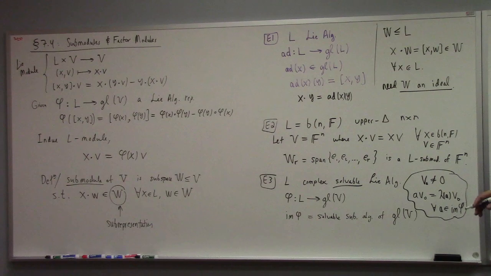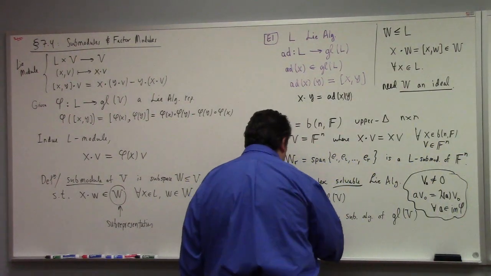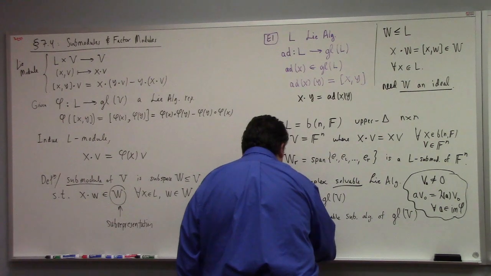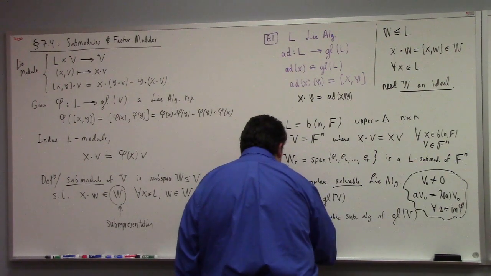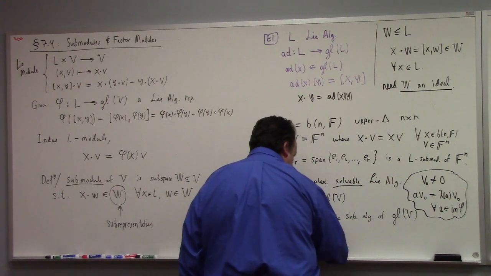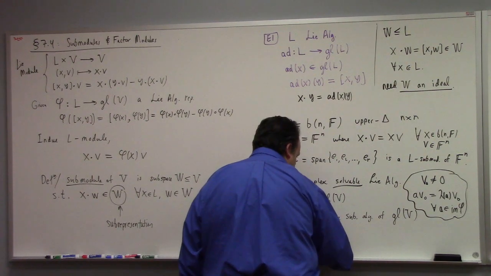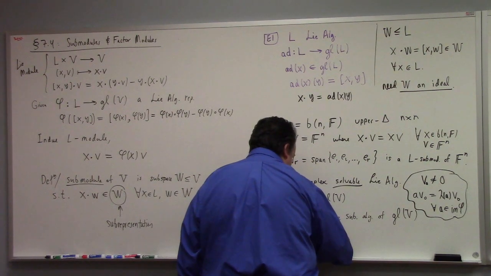So, okay, I think then, how does it work? Well, x dot v is equal to phi of x acting on v.